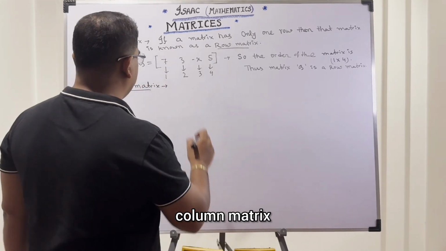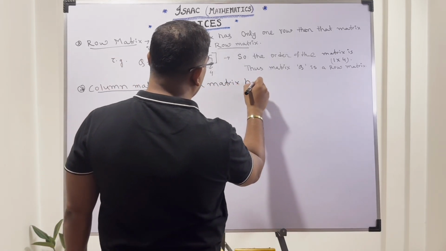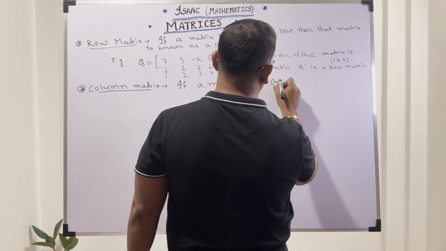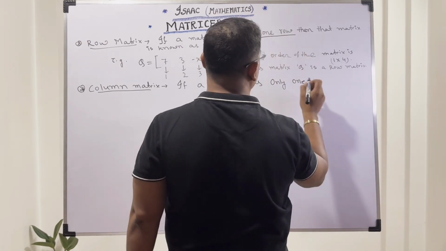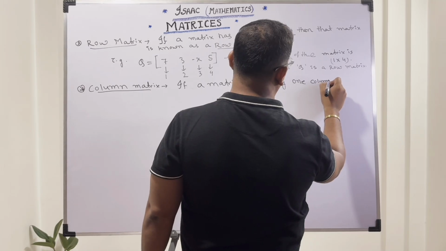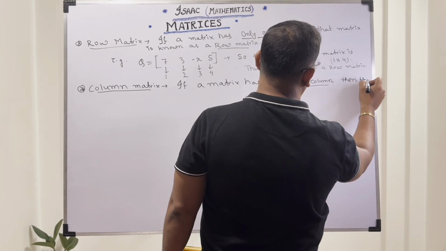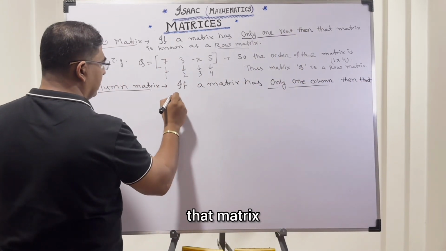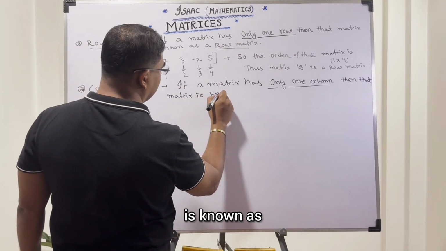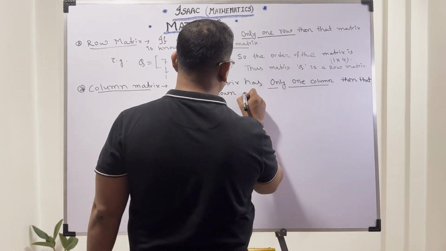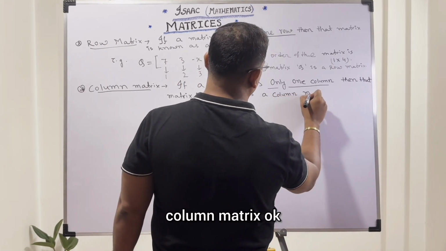Similarly, column matrix. If a matrix has only one column, then that matrix is known as a column matrix.